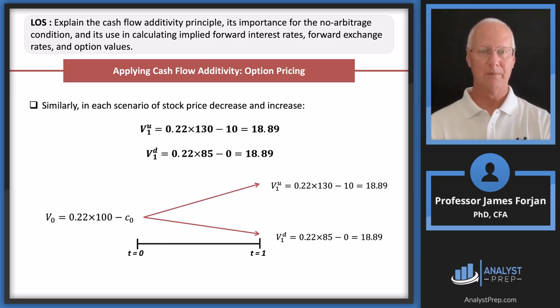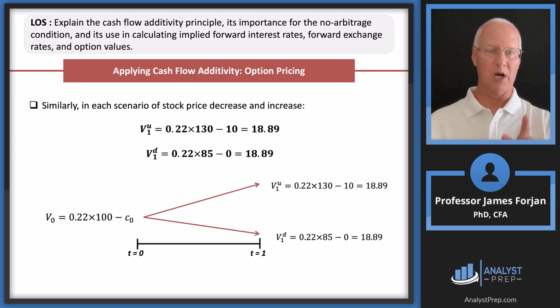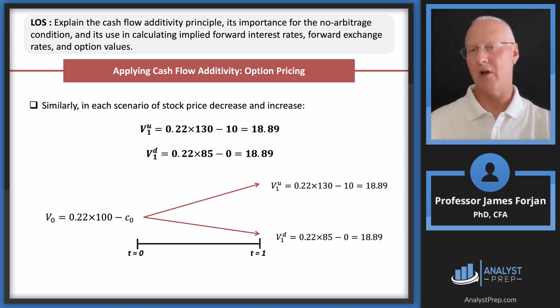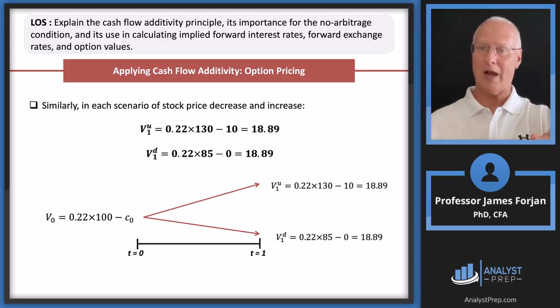All right, so you ready for this? What happens if the stock price goes up? Then I own 0.22 units. And don't worry about owning a fraction of a share of stock. Just assume that we can own fractions of shares. So 0.22 times that rise in price to 130, minus the $10 that I have to pay you, right?